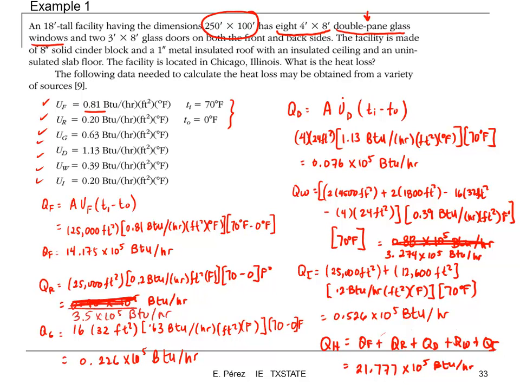Yes. So the ventilation is going to use the same areas as the infiltration. So remember, it is the area for the roof and the walls.